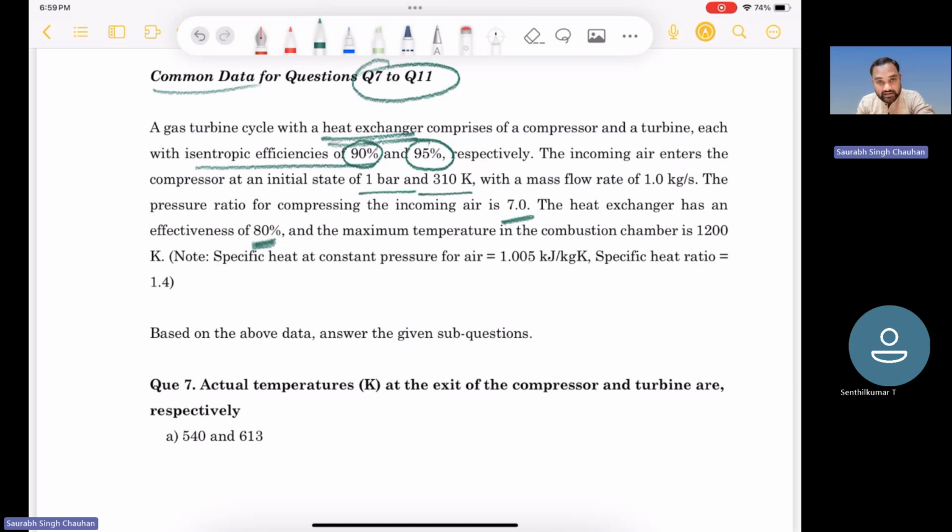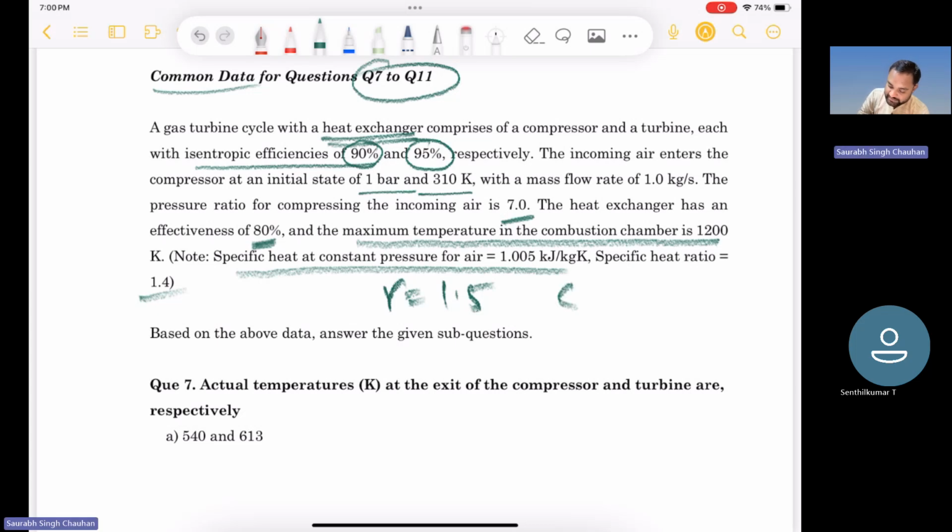So this means that the gas which you are preheating is not heated up to the exit temperature of the turbine, the exit temperature of the exhaust gases. The maximum temperature in the combustion chamber is 1200 Kelvin. The specific heat ratio gamma is given as 1.4, and the specific heat at constant pressure, Cp, is 1.005 kilojoule per kg Kelvin.